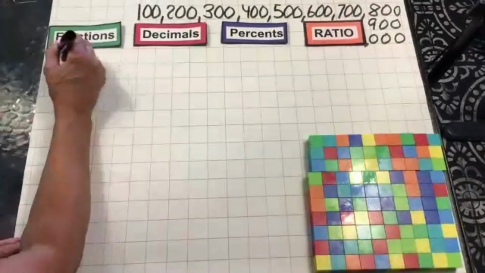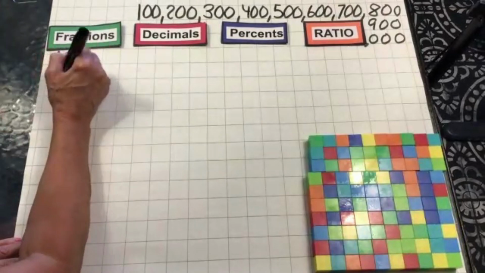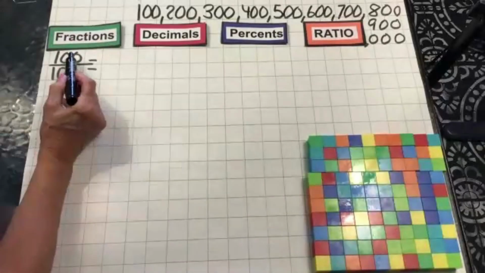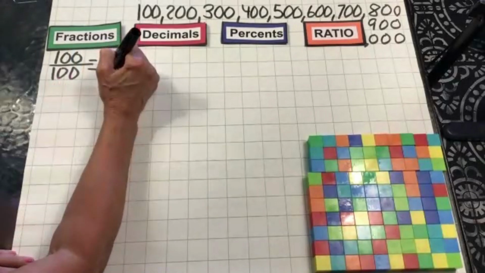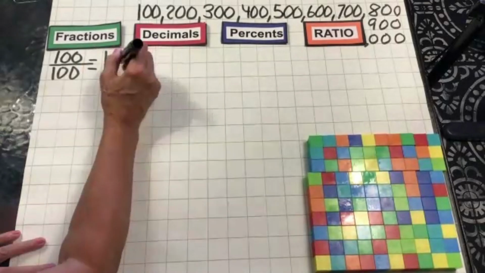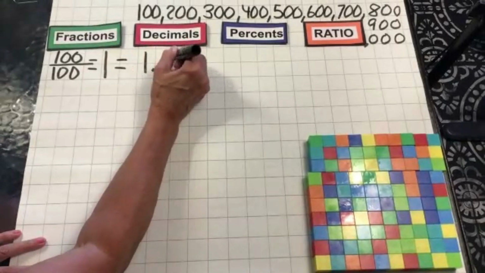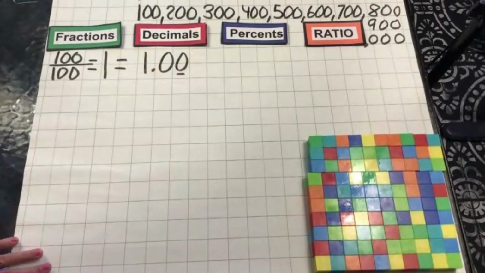All right. So our fraction today would be 100 out of 100. So any fraction that has the same number on the top as it does on the bottom is one whole. So if we have 100 out of 100, we have the whole thing. Our decimal for that would be 1 and 0 hundredths, since we've been doing hundredths.